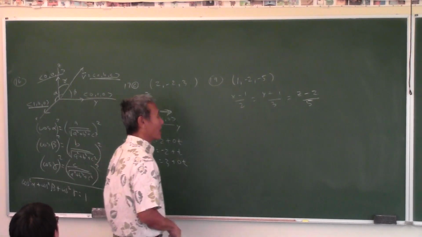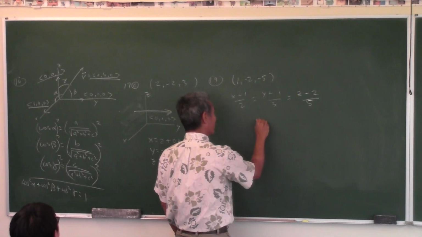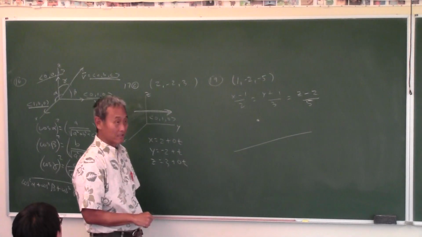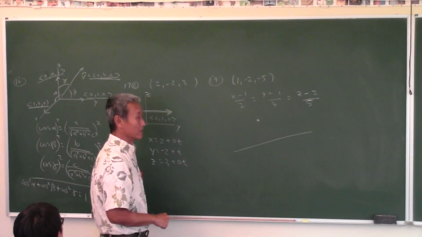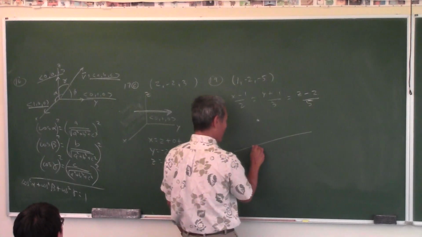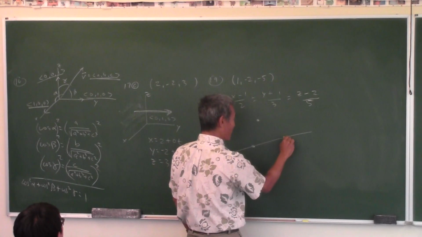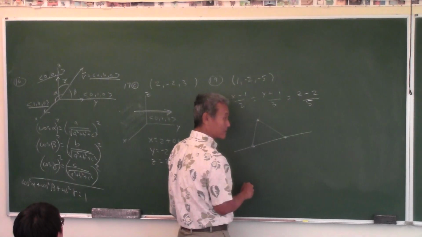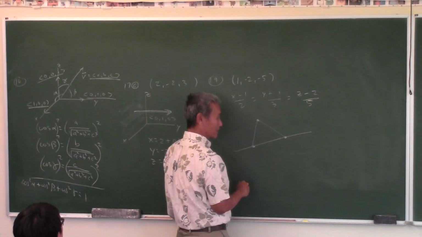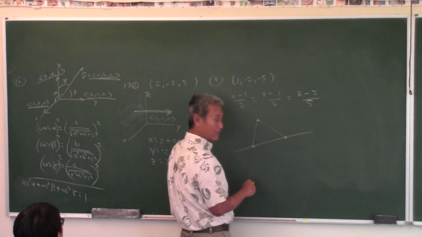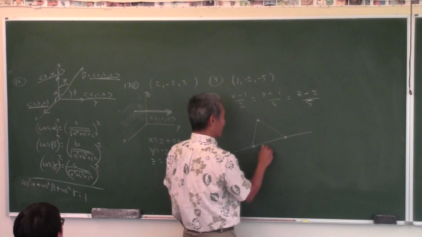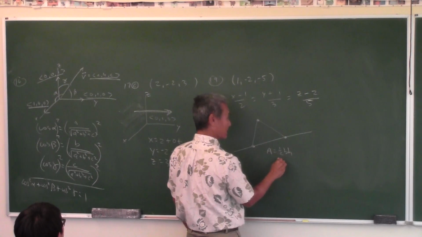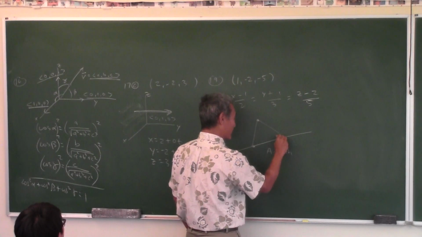Okay, let's review. How do you find the distance between a point and a line in space? You draw the triangle, right? What you do is you find 2 points on the line and make a triangle like this. Isn't the area of this triangle 1/2 base times height? So you make these two vectors.